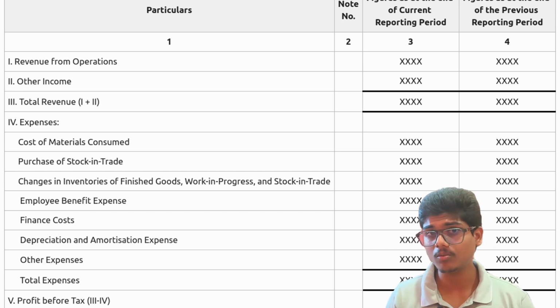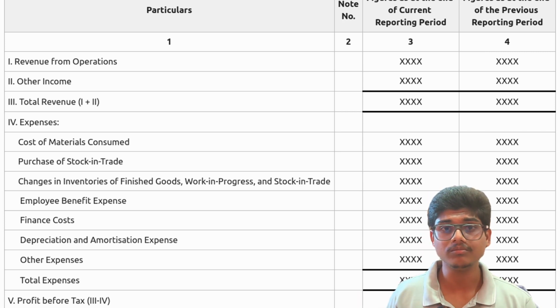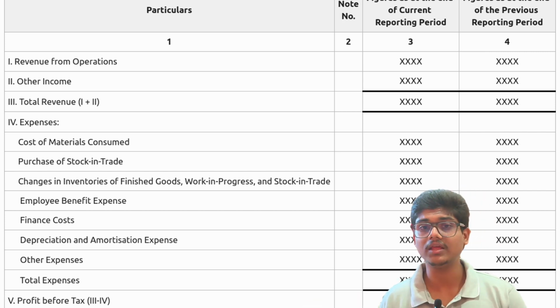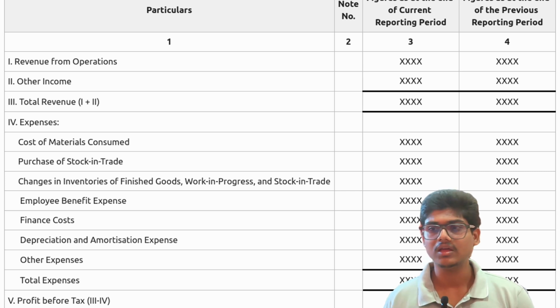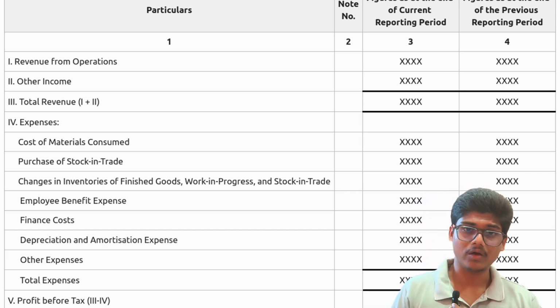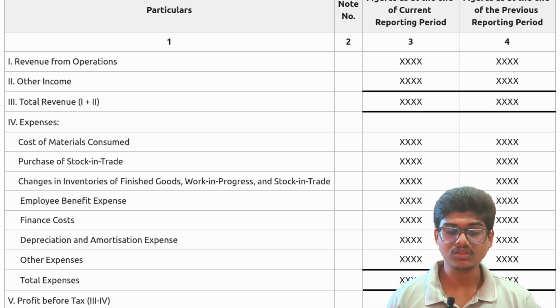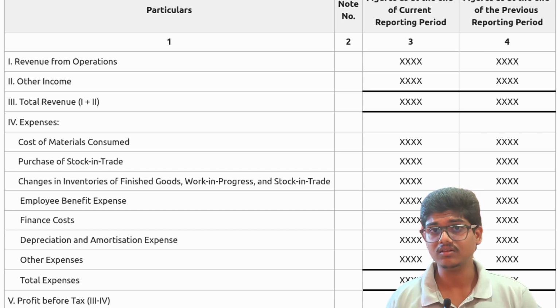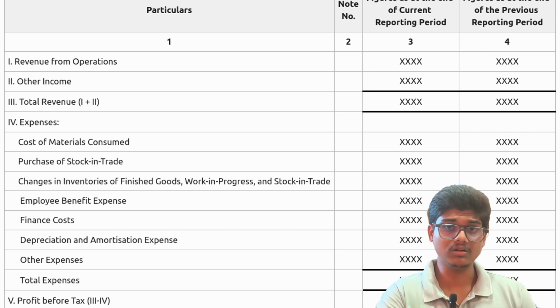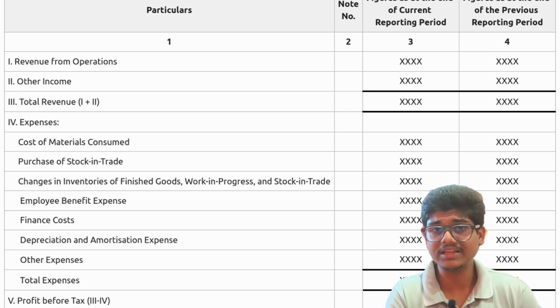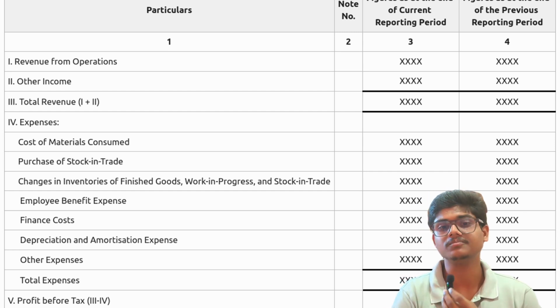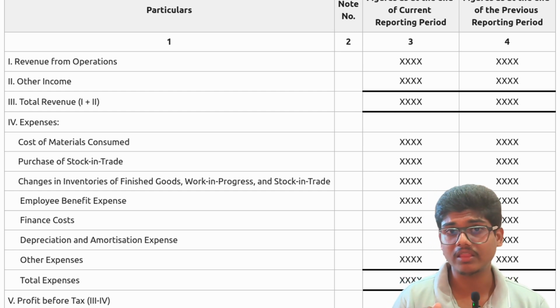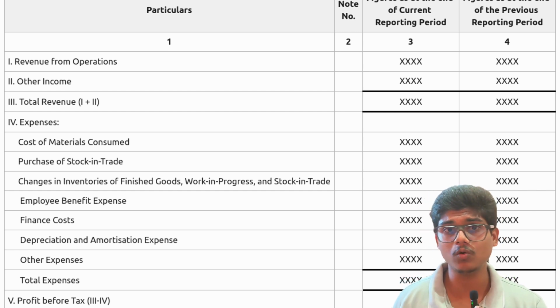It means the revenue from business. And other income means if you have invested your money, the company's money, somewhere else, and you have gained some investment profits, then it should be noted in this other income part. Now that's the total of the revenue.